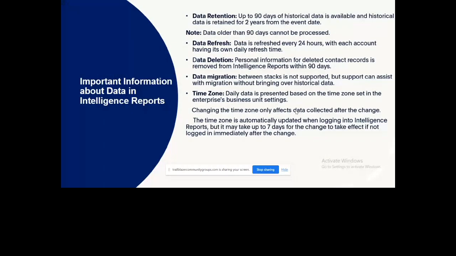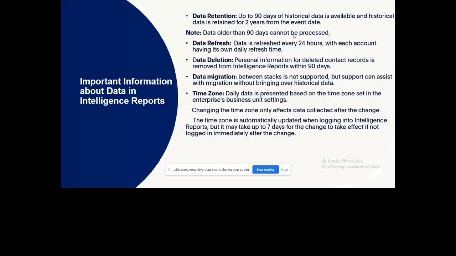Now I will explain the most important information that, by default, whoever is accessing the intelligence report has to know. The first one is data retention. Whenever you are activating the intelligence report for the first time, up to 90 days of historical data is available by default.